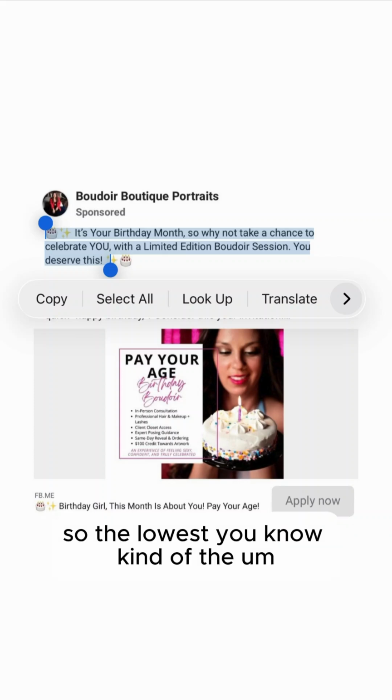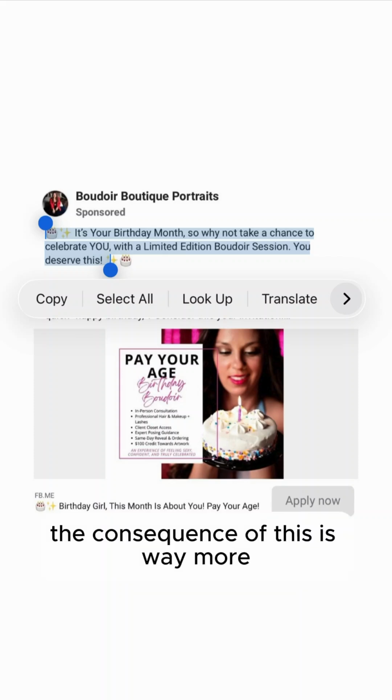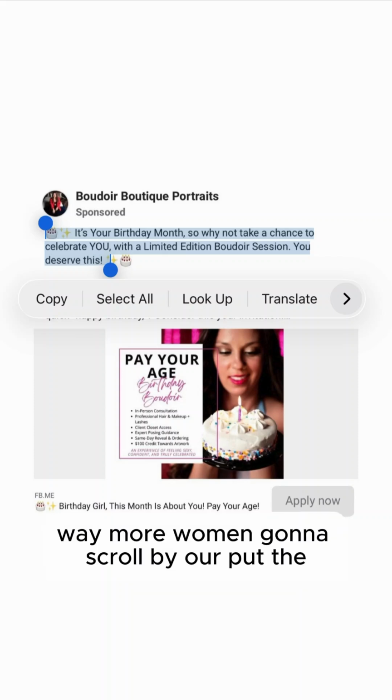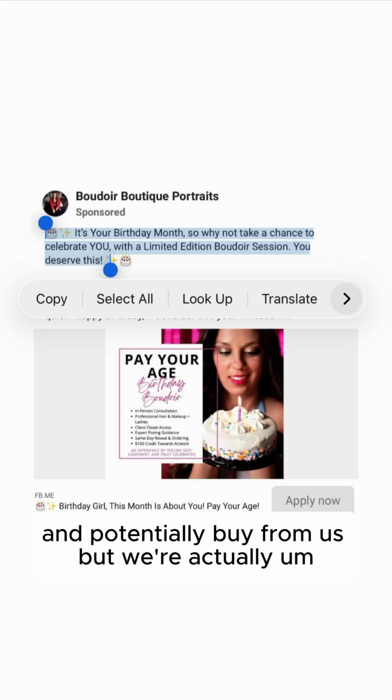The consequence is that way more women are going to scroll by our Boudoir Facebook ad than necessary, women who could have been perfect to click in and potentially buy from us.